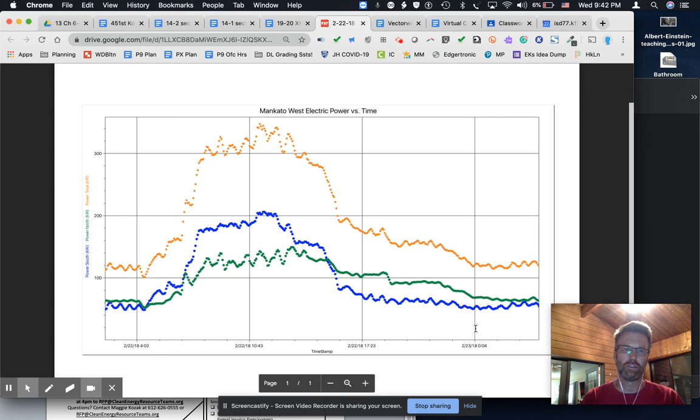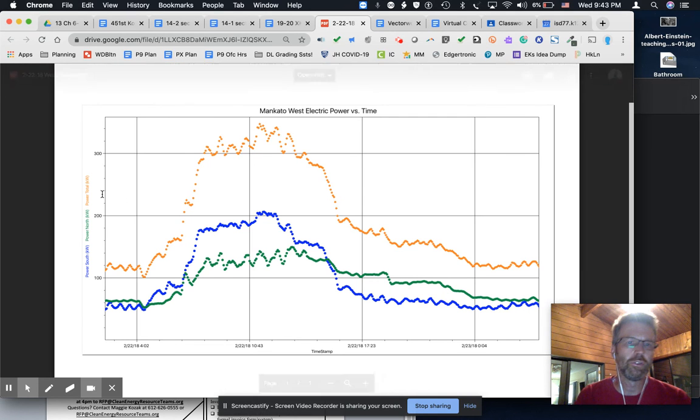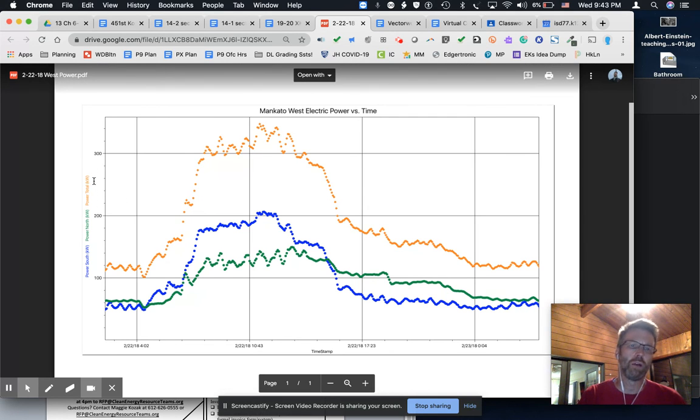Here's my challenge. Number one, notice what this is a graph of: power versus time. And you'll notice over here there's a blue plot that says south, a green plot that says north, and an orange plot that says total. And you'll also notice the units on that graph say power total in kilowatts.